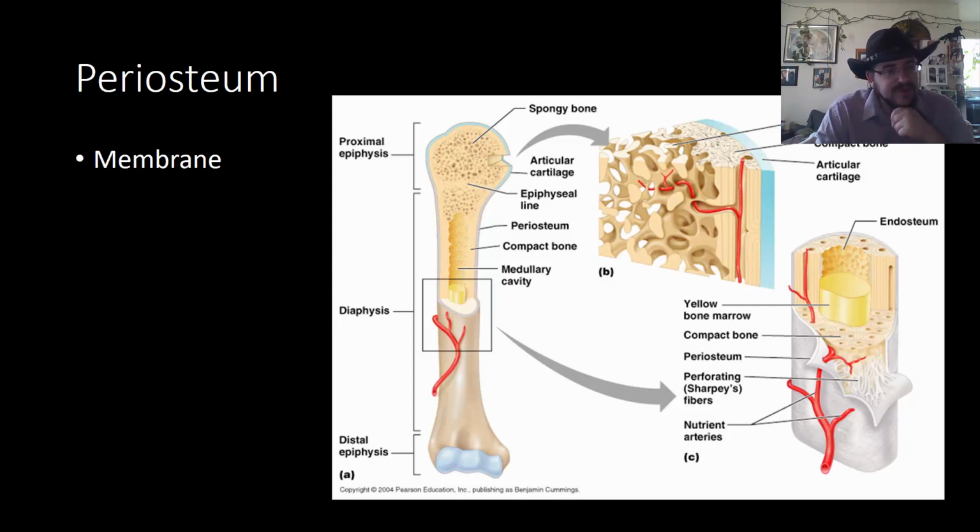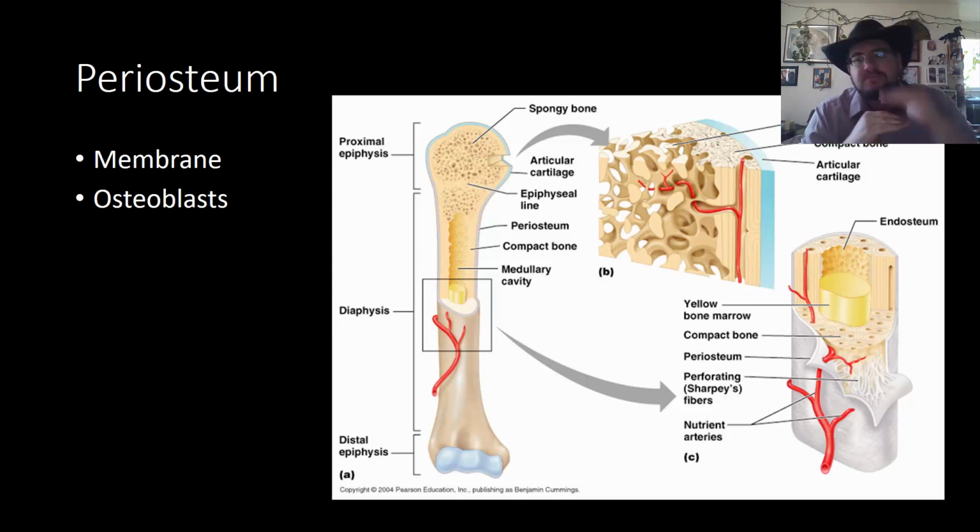Provides a little bit of reduced friction when you're moving your muscles around. And it's a rich source of osteoblasts. So, remember I said osteoclasts destroy bone. Well, osteoblasts build bone.